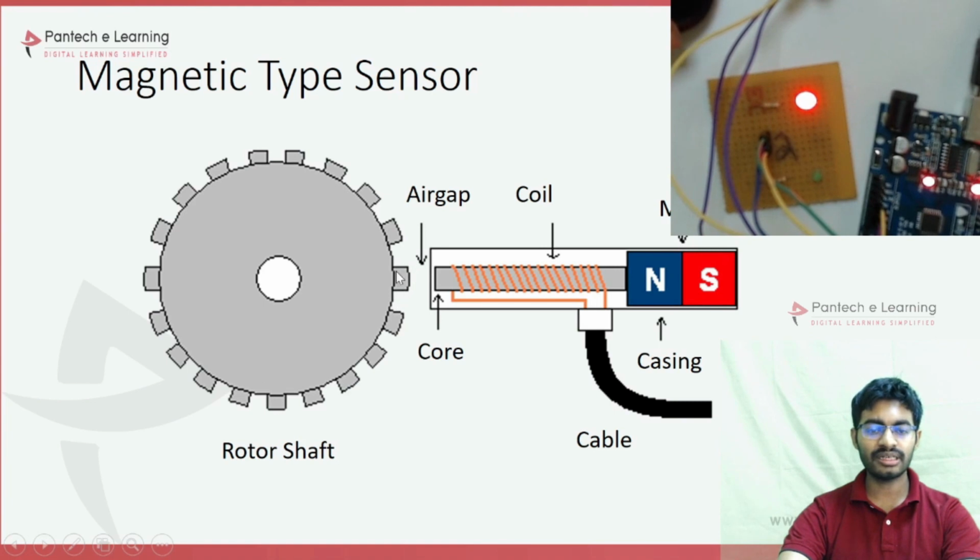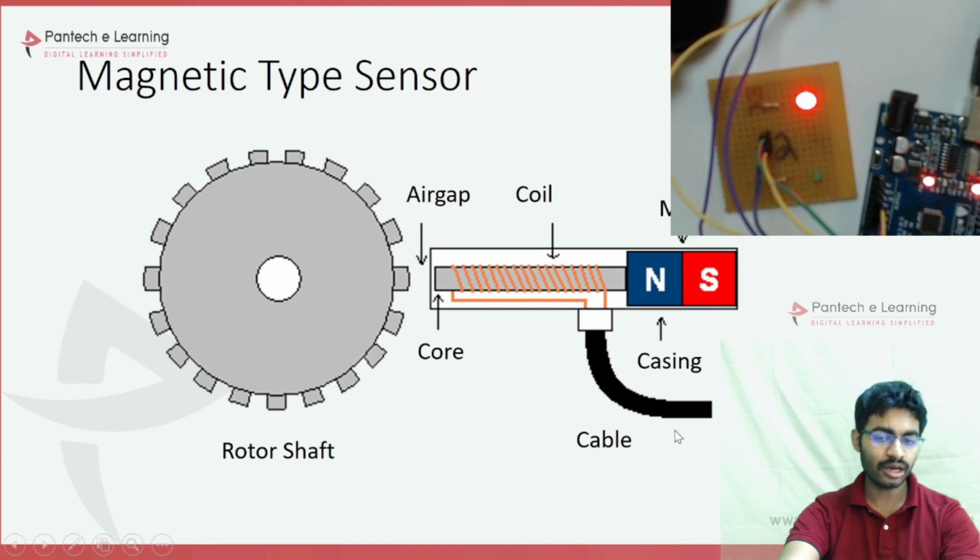On this basis we have the magnetic type sensor, which contains the north pole and south pole of the magnet at the end, and before that a coil with an air gap. Once the indication changes within this air gap, the core will be activated and a pulse will be sent through the cable from the coil.